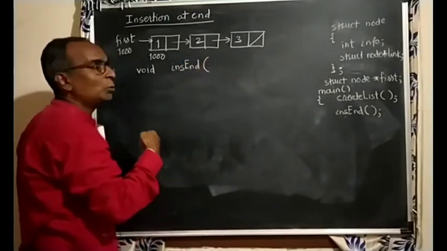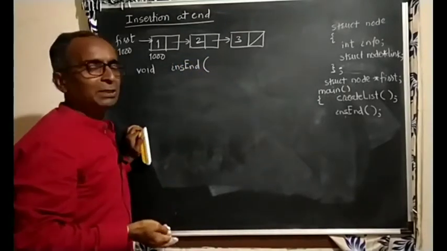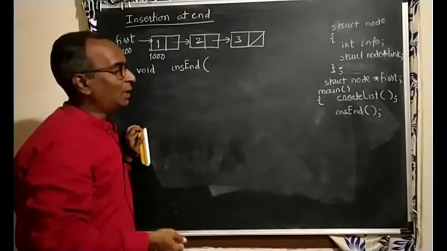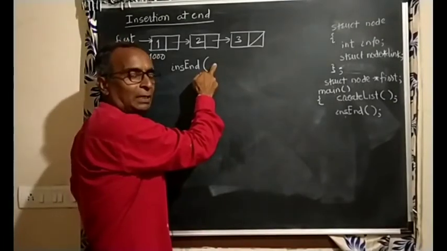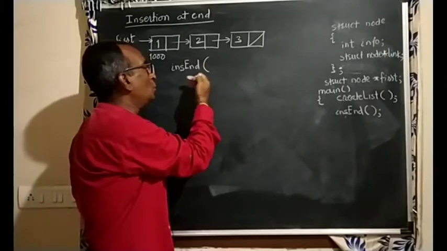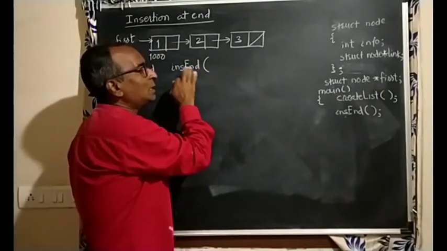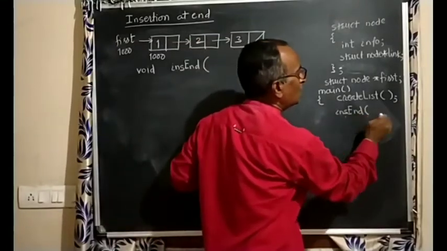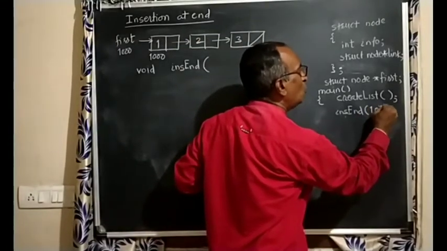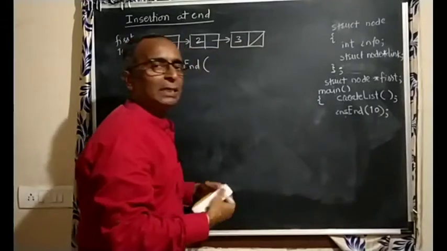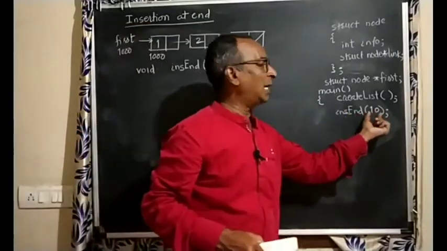Now how you want to write this function depends on whether you want to send the information field here itself or read it inside. So I'll say insert at end. Suppose I want to pass the value also. Insert at end 10.